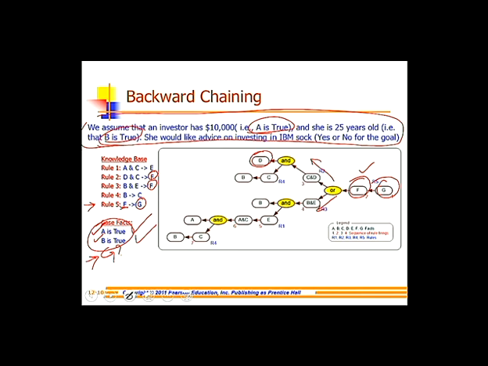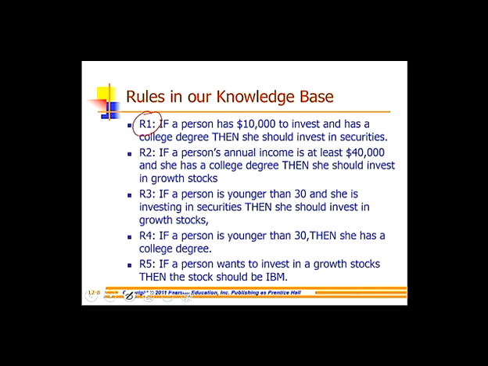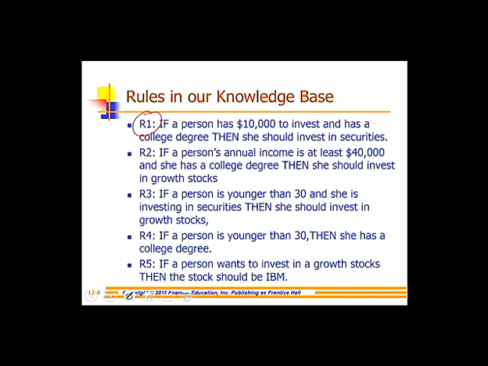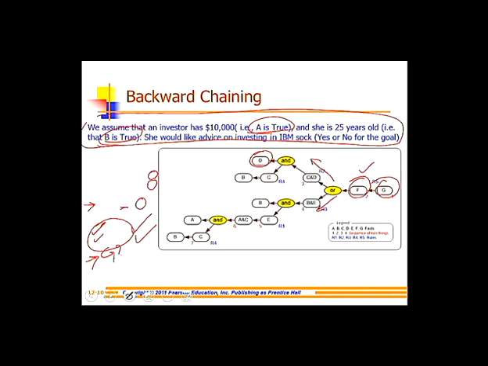One is that the system can prompt the user to ask about D. If you see the variables, D was annual income of at least $40,000. So the system can prompt the user, is your income at least $40,000? If the user says yes or no, based on that we can conclude C and D, and then we can conclude F and then G.